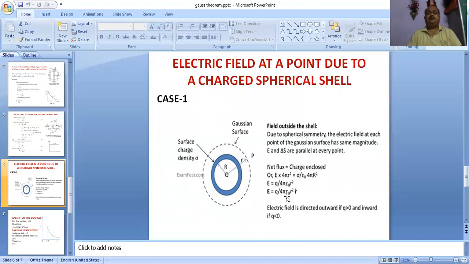In vector form, you can apply unit vector r cap along E. The electric field is directed outward if Q is greater than 0 and inward if Q is less than 0. So this is the formula of electric field at an outside point, and according to the formula, electric field intensity is inversely proportional to the square of the distance of the point.